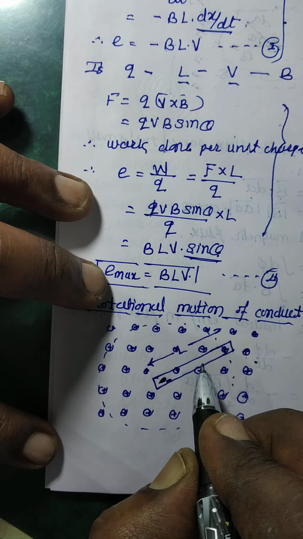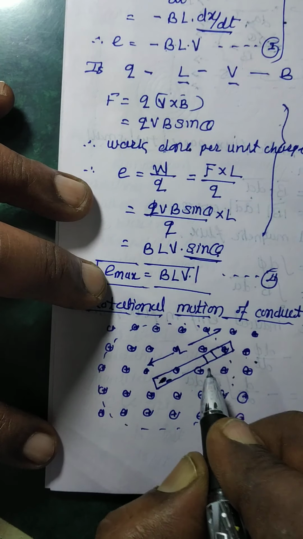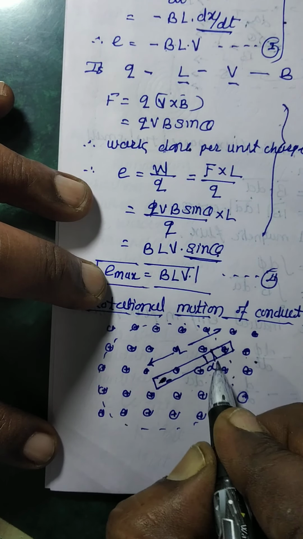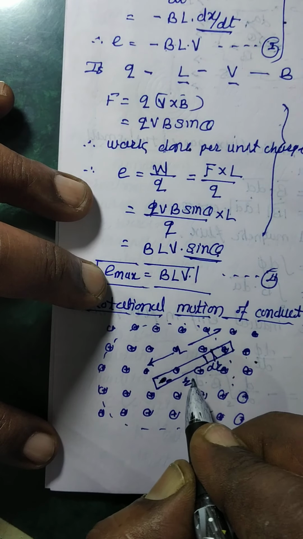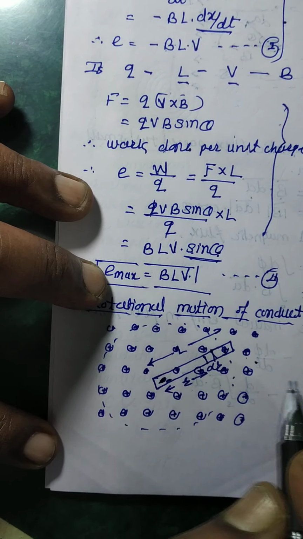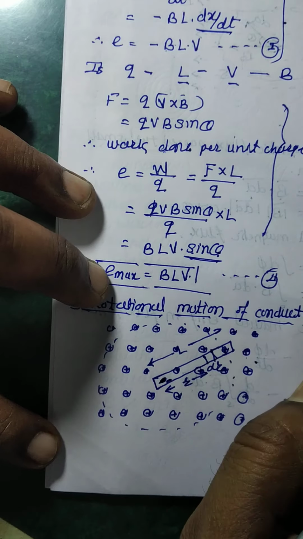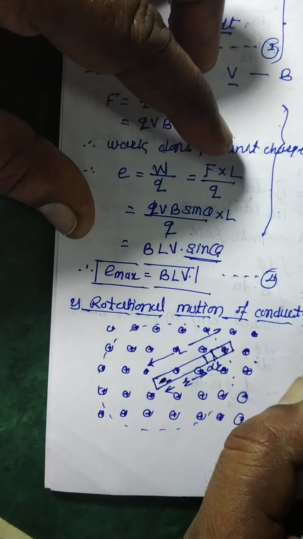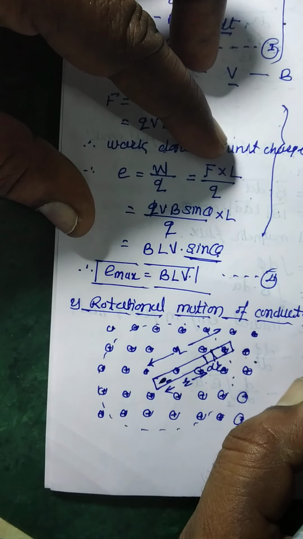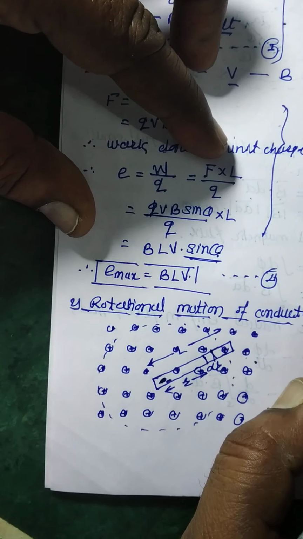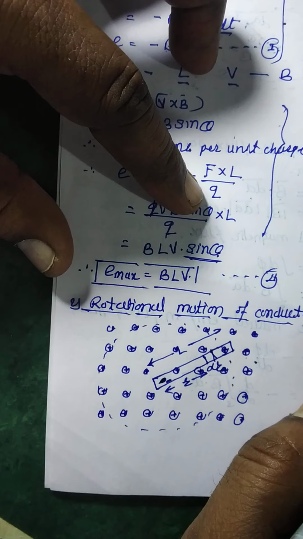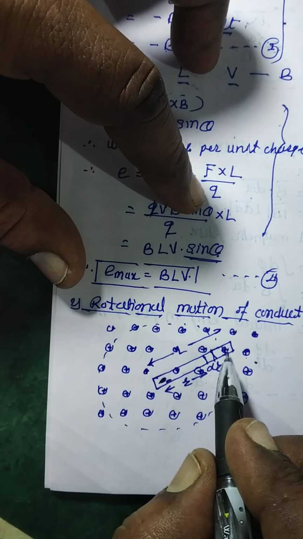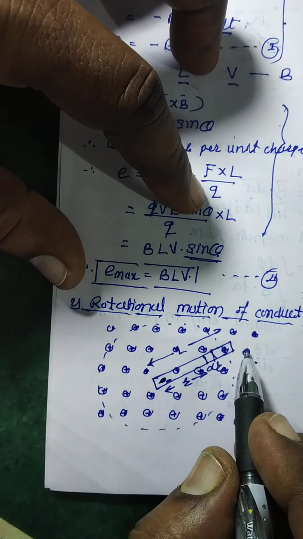Let dr be the small element of conductor at distance r from the axis of rotation, rotating with velocity v.